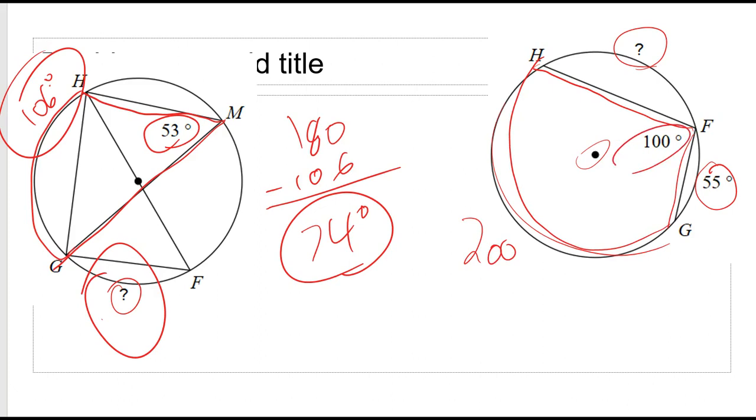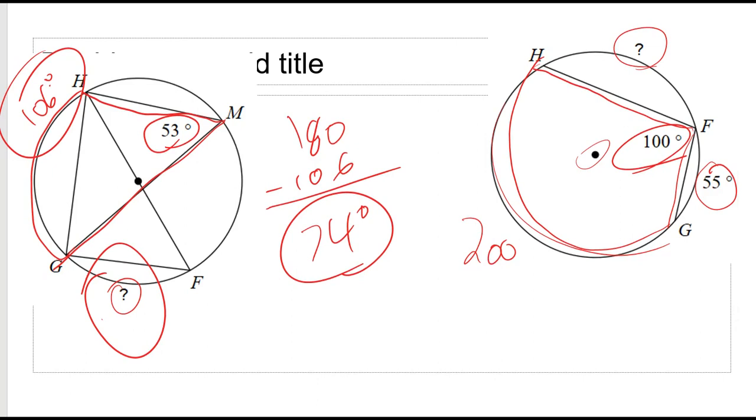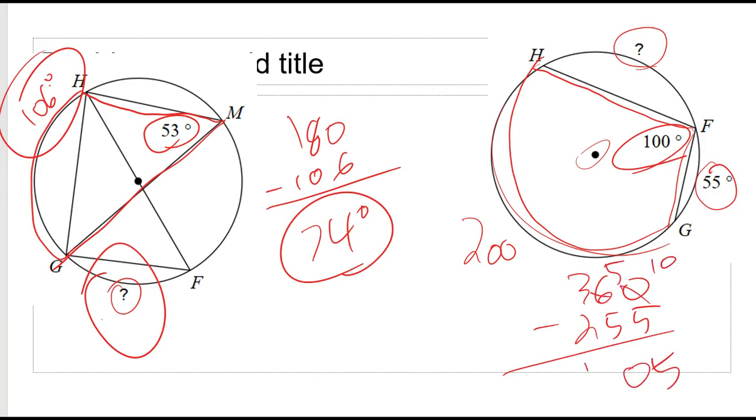If you didn't know where I got 200, I just doubled the 100. So all three of these have to add up to 360. So if I just take 360 minus 255, I just quickly added those two up pretty quick. I'm going to get 105. There you go. So simple rules that I know based on circles helping me out tremendously in these problems.